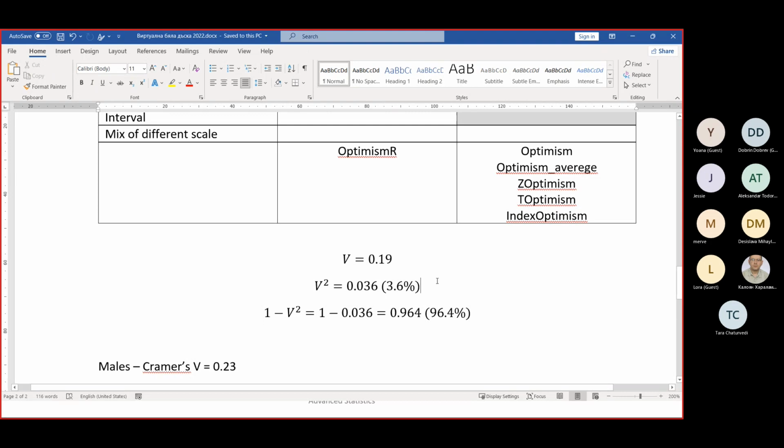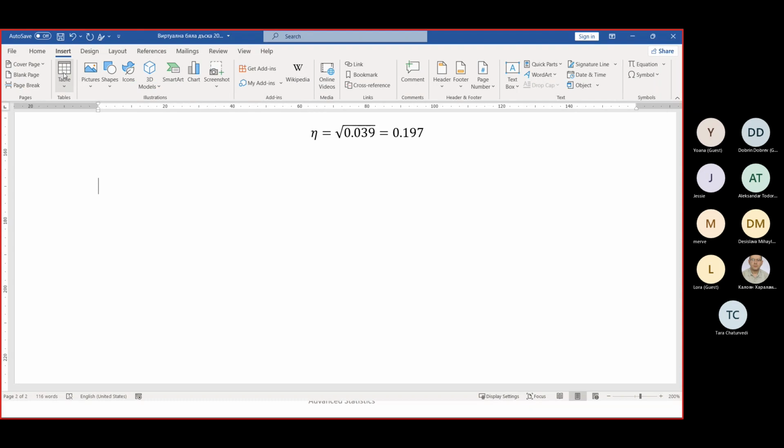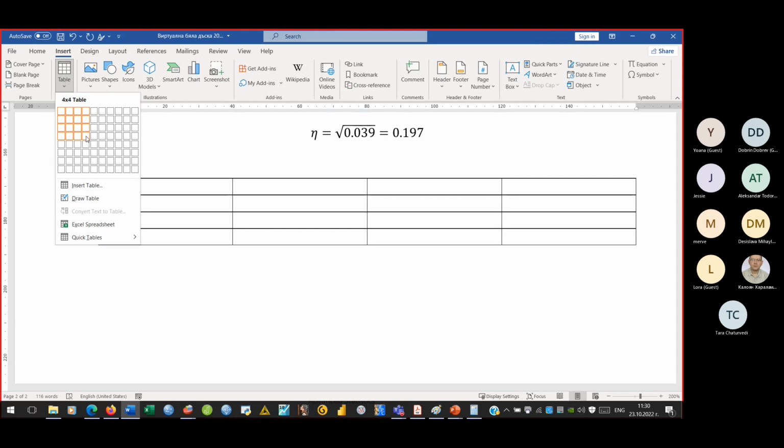And again, 3.6% of the variance of optimism is explained by marital status, and 96.4% of the variance of optimism is explained by all other possible factors. And here I will make a new table.